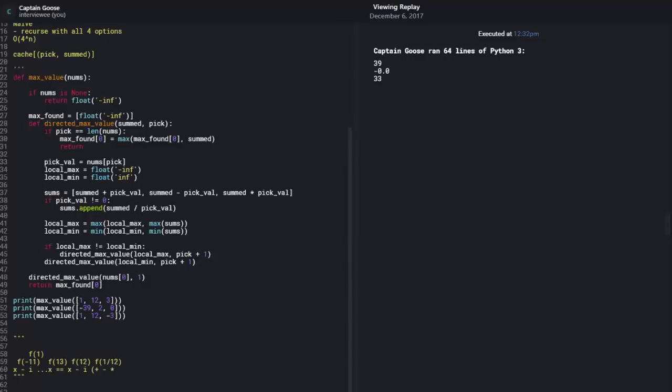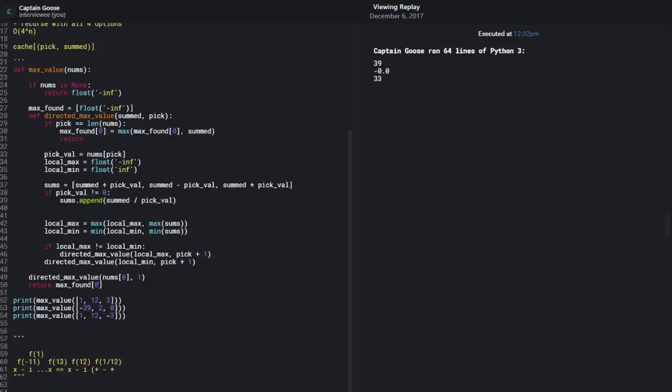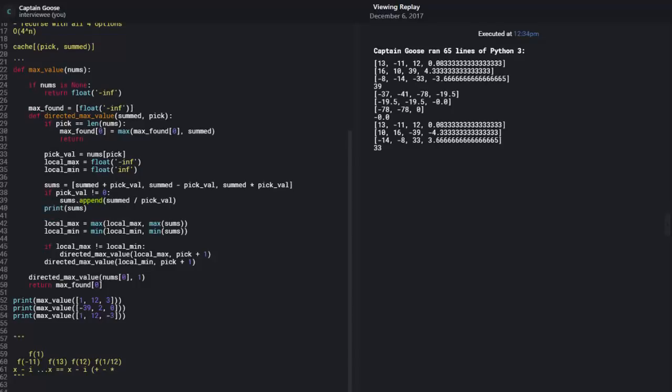So when I go negative, my code has my initial summed value as 1, and then I should just print off what my sums is. I think this is the most important part. So I have 13, 11, 12, 0.